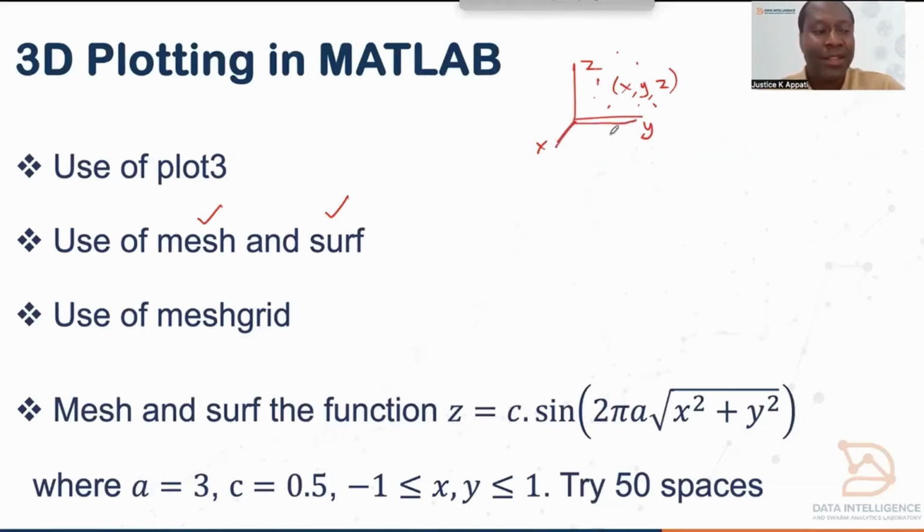An architect draws a 3D building for you, but all they are doing is to draw a 2D and then render it into a 3D by adding a height to it. And how then do you put together this 2D? This is where the meshgrid becomes important, to be able to render your mesh or your surf. So take note of that.